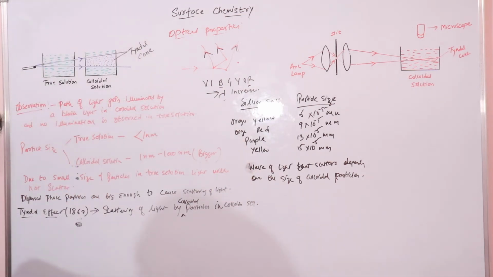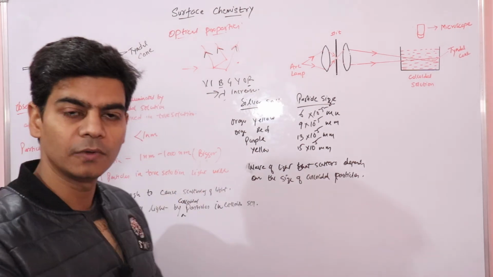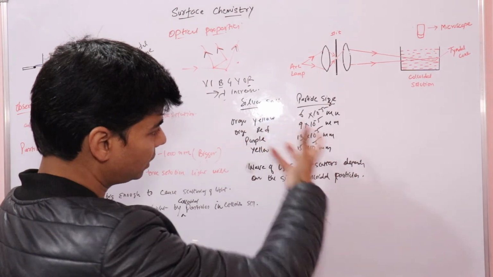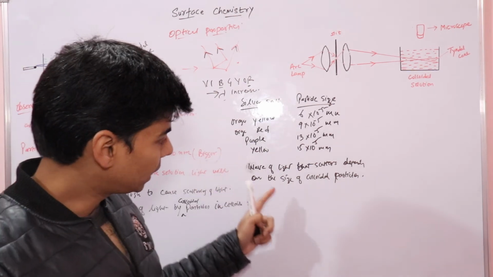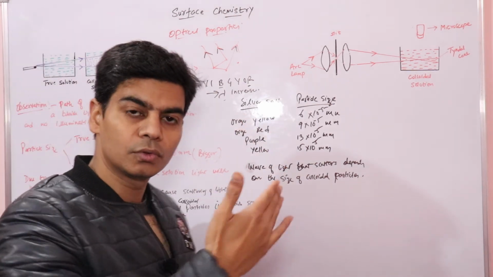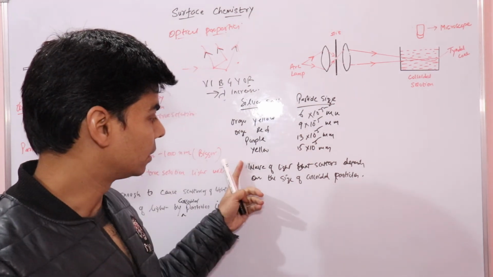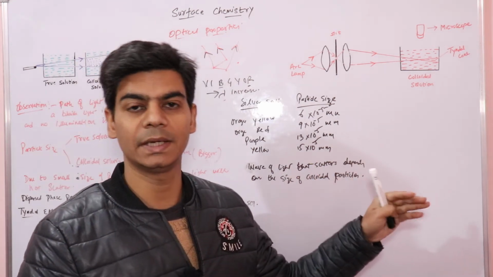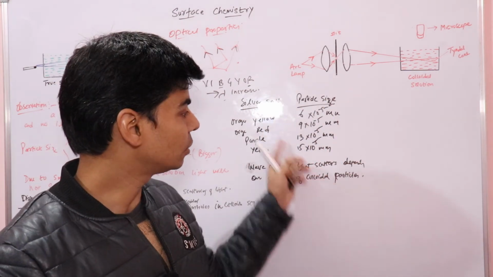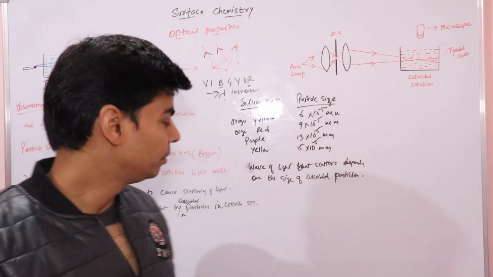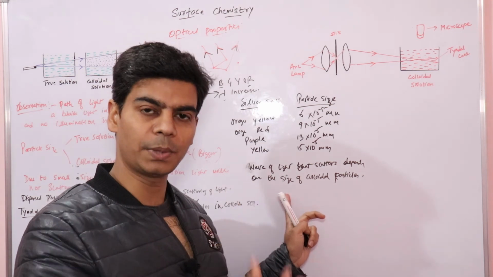I'll repeat, this is important. You have a silver sol. If you pass a beam of light, you will observe different colors, and these are the colors that you observe. We know that the color of colloidal solution is due to the scattering of light, and the color depends on the wavelength of light that gets scattered by the particles of different sizes in colloidal solution, because the wavelength of light that scatters depends on the particle size.